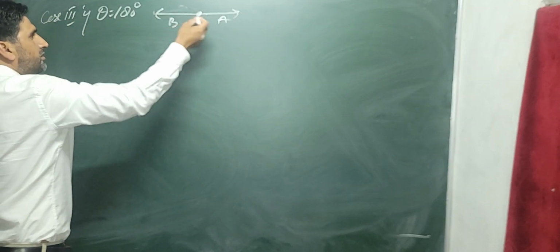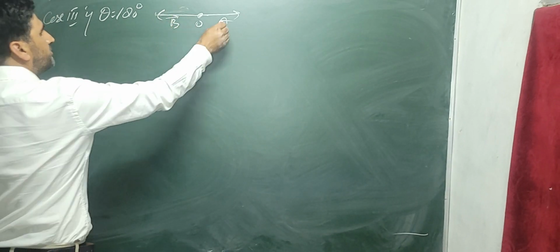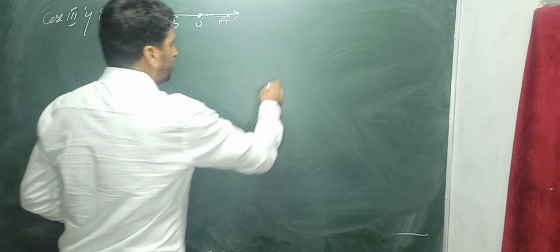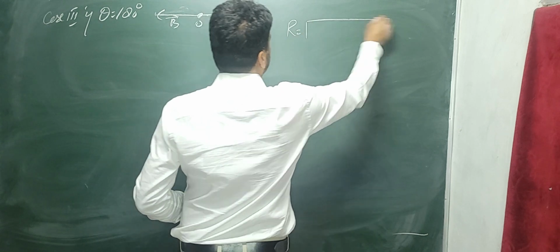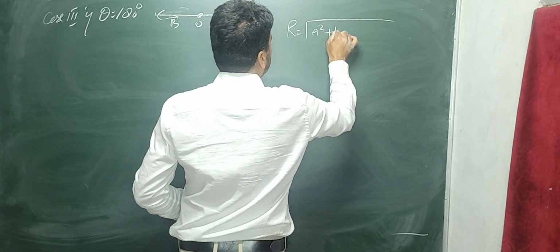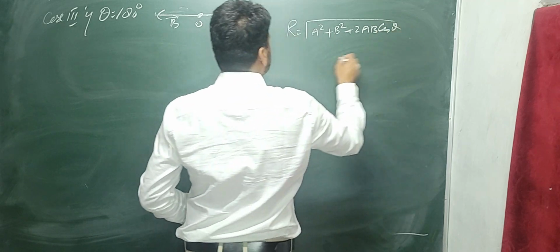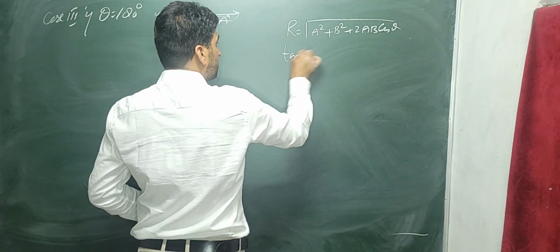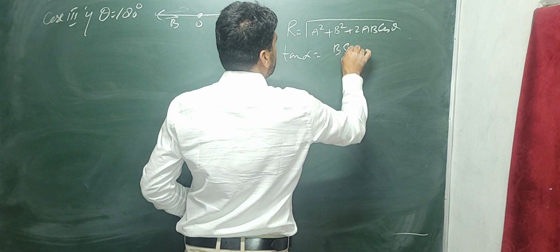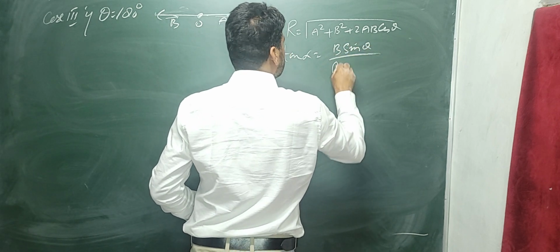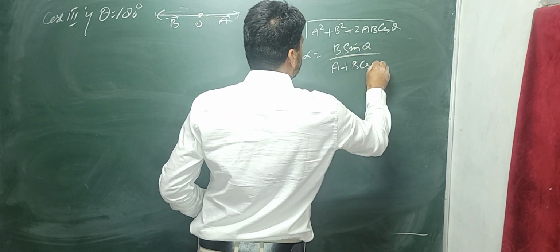See this origin. You know R is equal to under root of A square plus B square plus 2AB cos theta, and tan alpha is equal to B sine theta divided by A plus B cos theta.